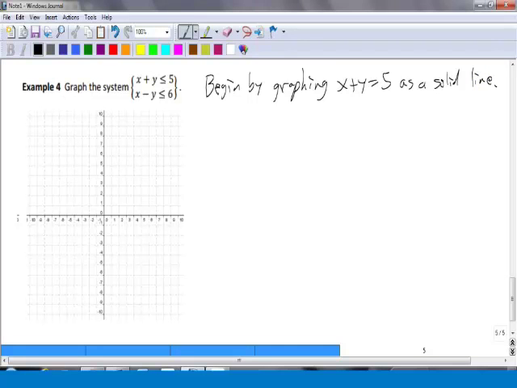It is 5. So we plot the point (5, 0). What's the y-intercept? Also 5. 0 plus 5 equals 5. So we plot the point (0, 5). And connect those dots with a solid line.